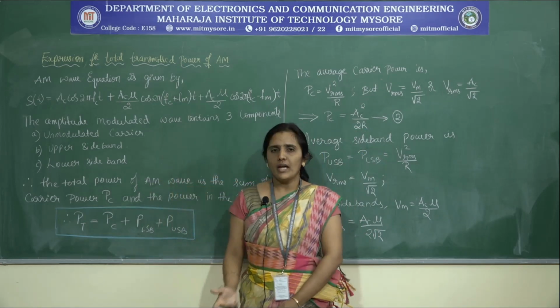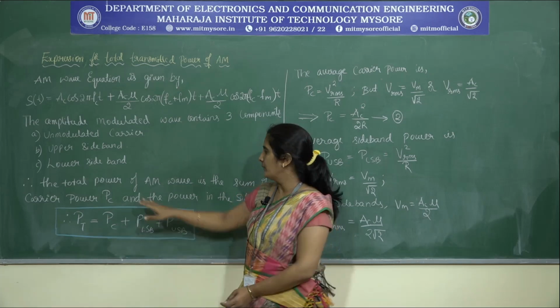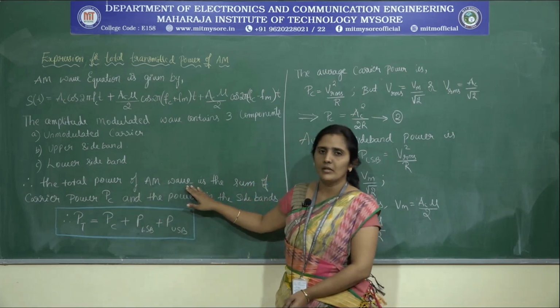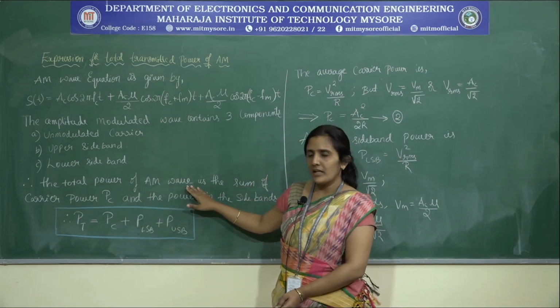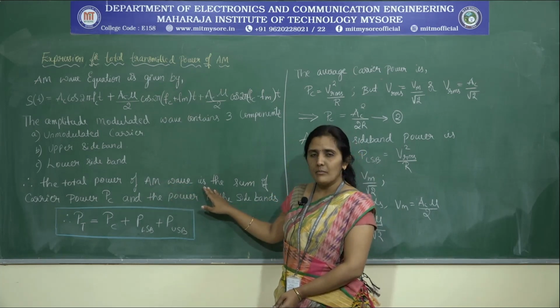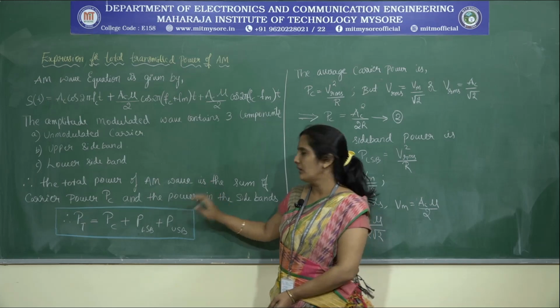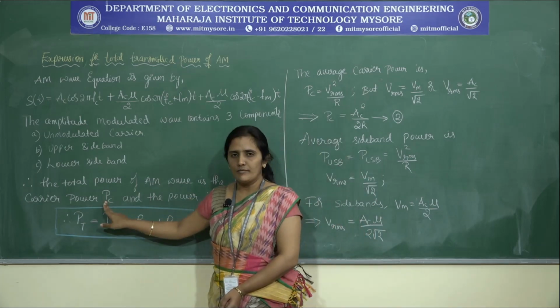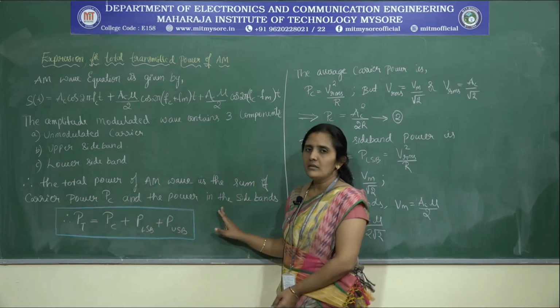Now we have to calculate the total power of the AM wave. It is defined as the sum of the carrier power, which we call Pc, and the power in the sidebands.